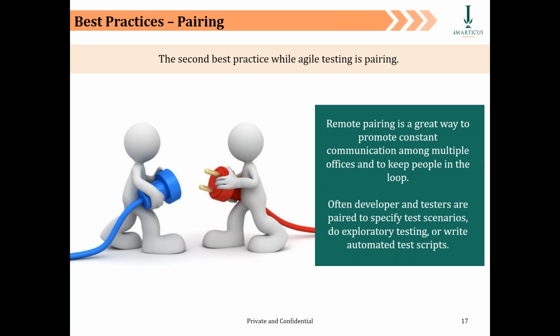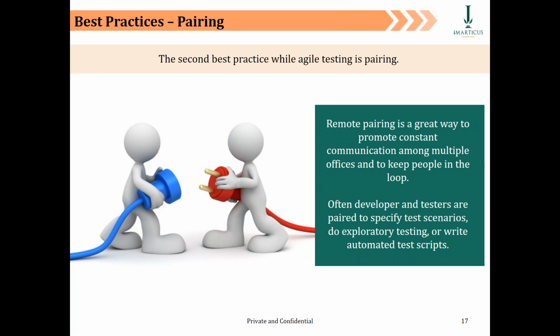Often developers and testers are paired to specify test scenarios, do a lot of exploratory testing, or even help each other write automated test scripts. So just like you pair a programmer with a programmer, you pair a tester with a tester. In larger teams, you can actually pair a programmer with a tester. I would like to rely on the fact that they are cross-functional people.